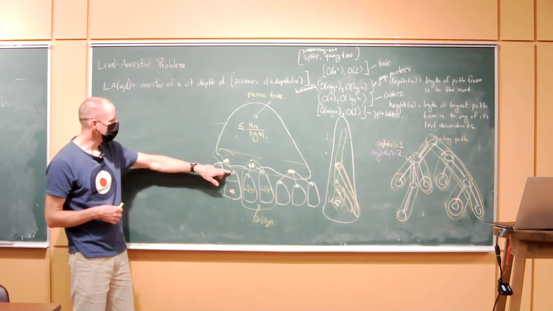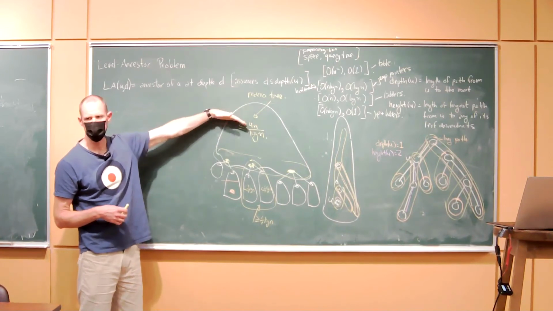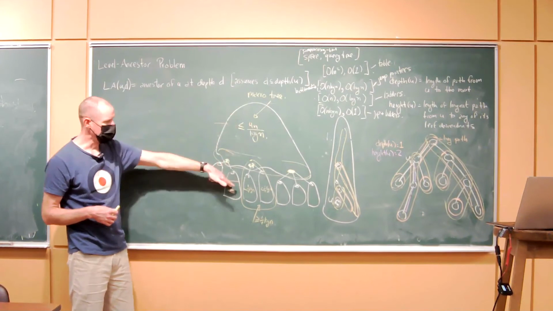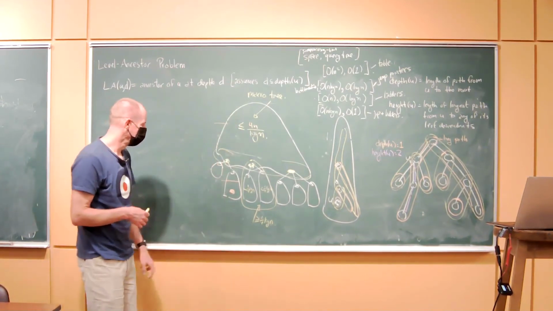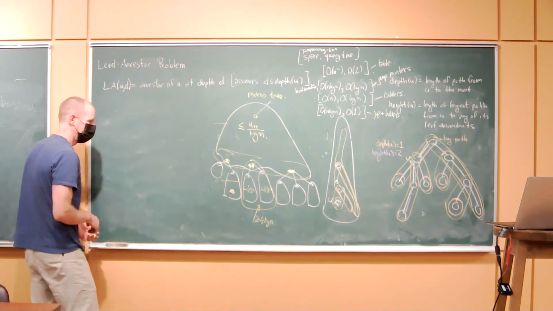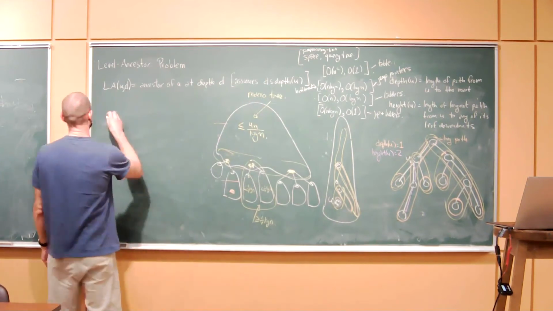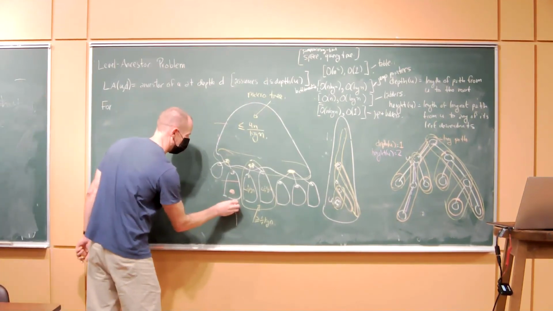If it's smaller, then I can just answer that query by going to the parent of this subtree and using this macro tree structure. Otherwise, I'll have to figure out the answer based on this tree. All right. And these things here, they're called micro trees.